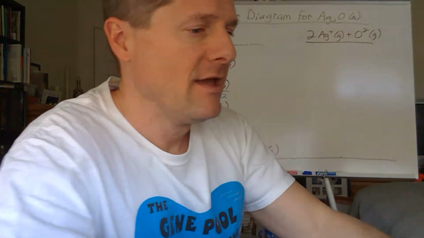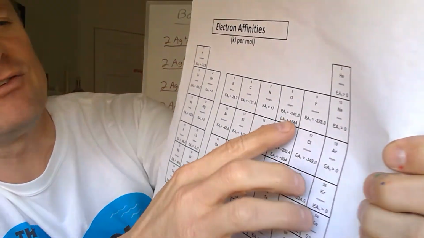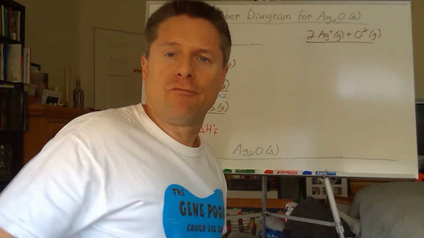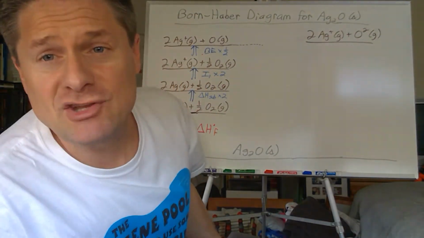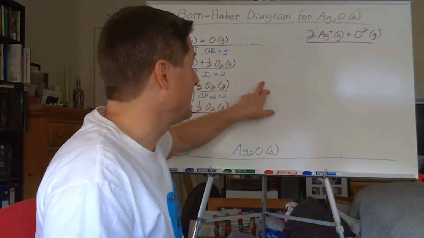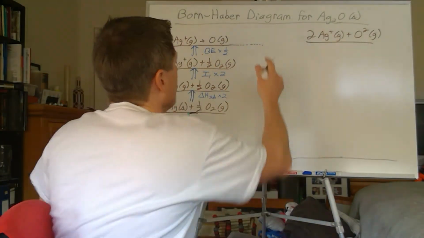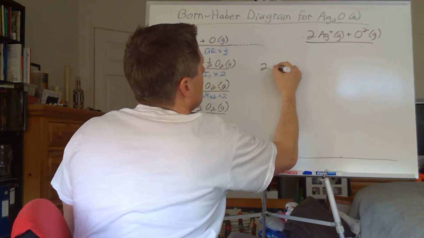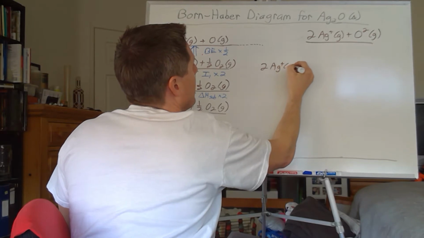So if you look at the first electron affinity of oxygen, it's negative 141. That's typical for nonmetals. The first electron affinity is almost always negative, and the second is always positive. So we're going to go down and then up. Okay? So let's drop down to the 2 Ag plus. We haven't done anything to that.